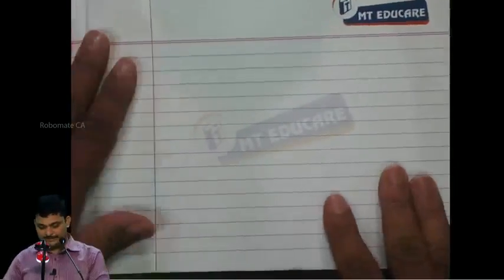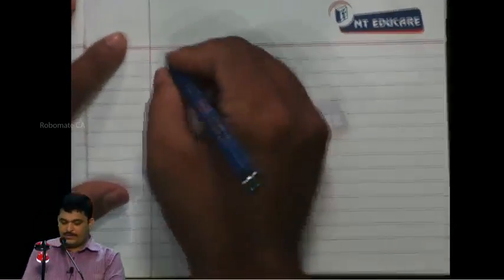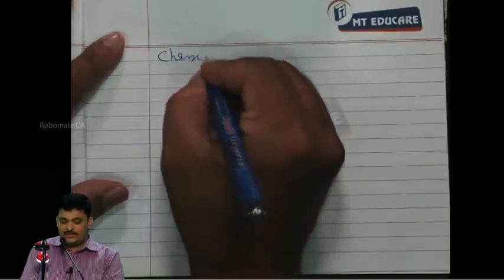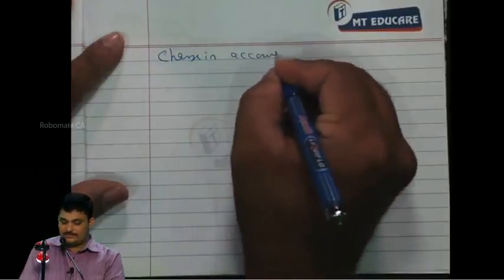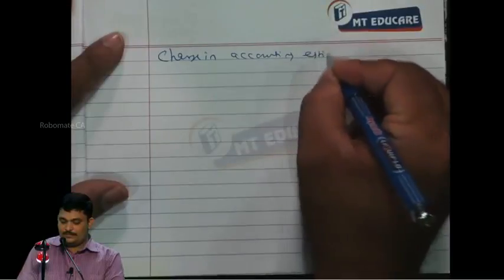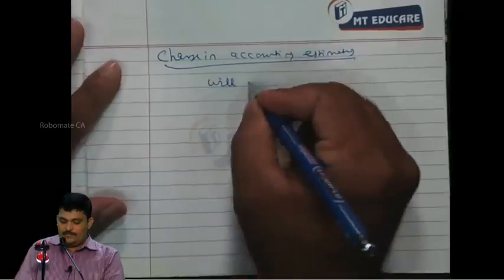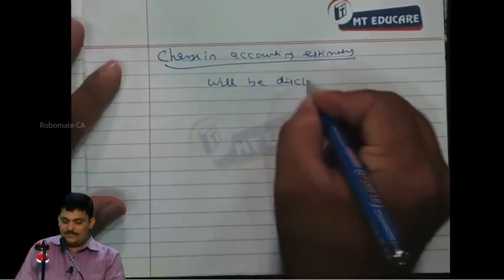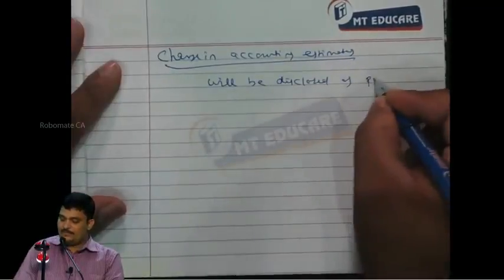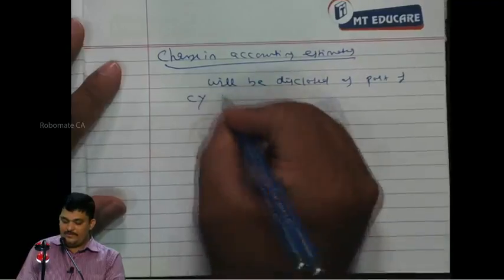Shall we? We have change in accounting estimates. It will be disclosed as part of current year profit or loss.